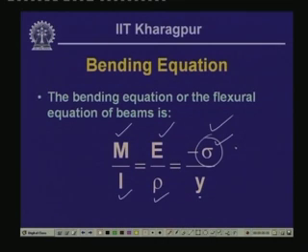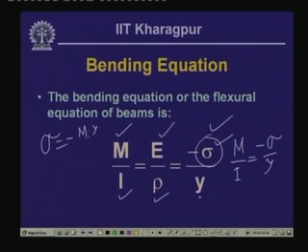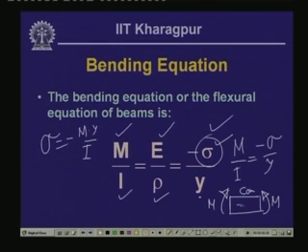So, from this we can write the relationship M by I is equal to minus sigma by y, or sigma is equal to minus M y by I. Now, if you remember, we had considered bending in a beam, say for example, if we take the segment, the positive bending moment in the beam was like this, wherein this type of moment causes compression at the top and tension at the bottom.